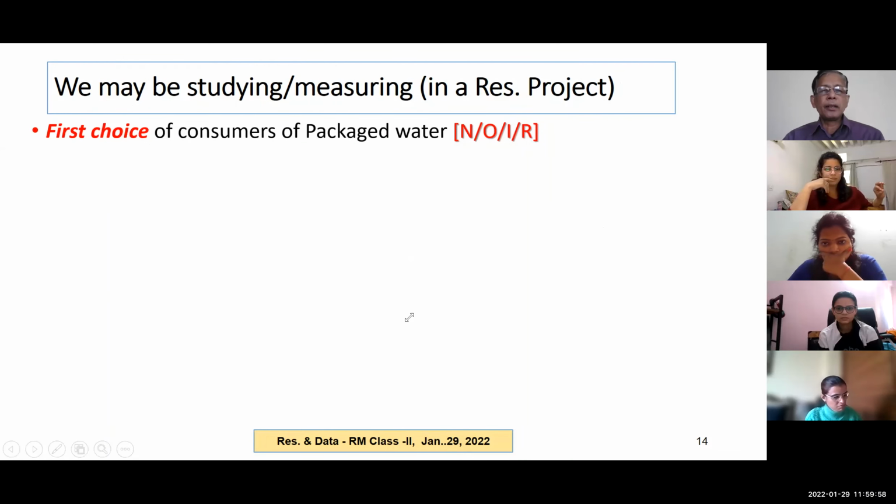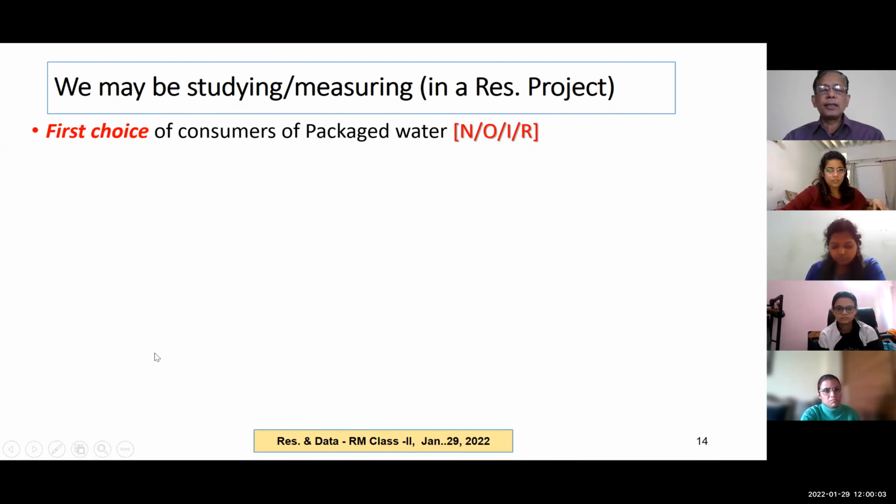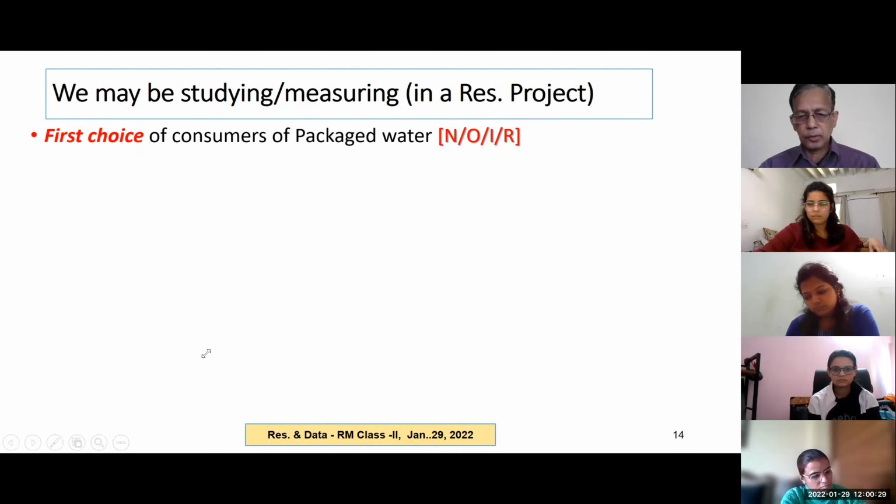It could be on packaged water, or maybe one of our close relations is suffering, and which hospital comes to our mind first. Best service offered. Say we are here at Bhubaneswar, should we go to hospital X or hospital Y? How do we choose? Okay. So please remember, suppose here in this example, packaged water, say maybe Kinley, and what other examples.